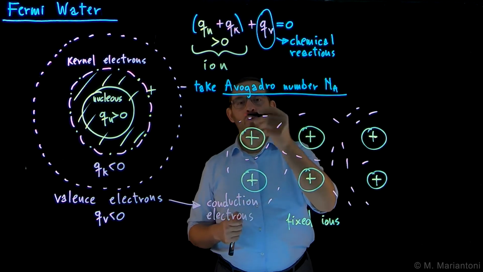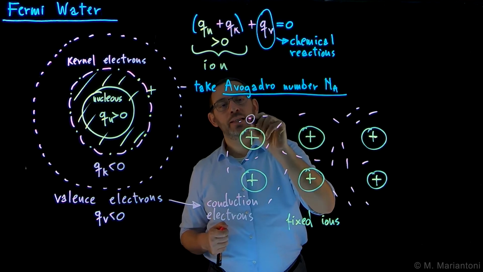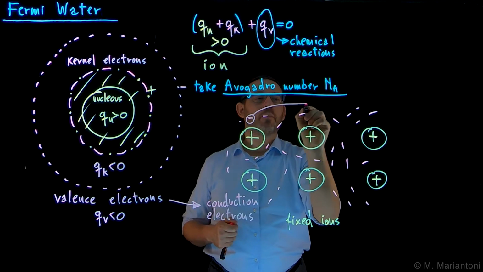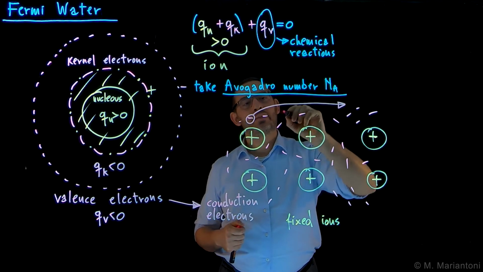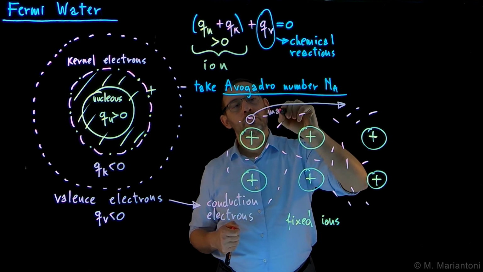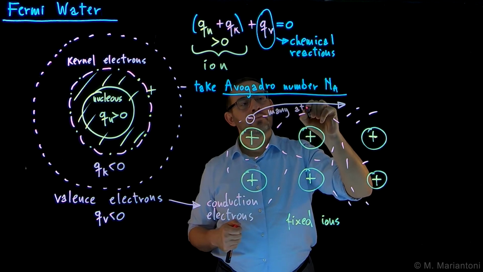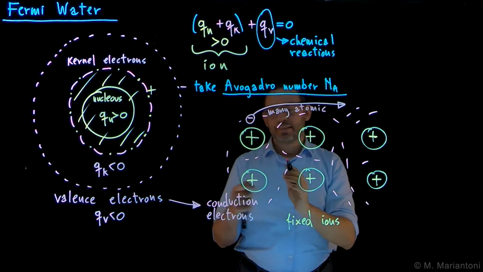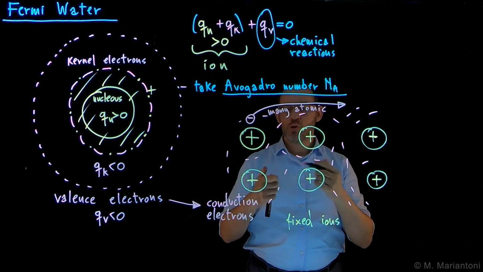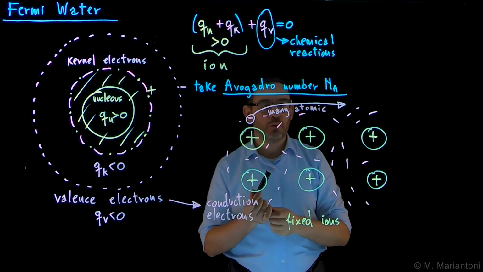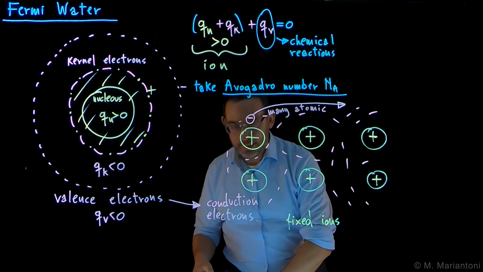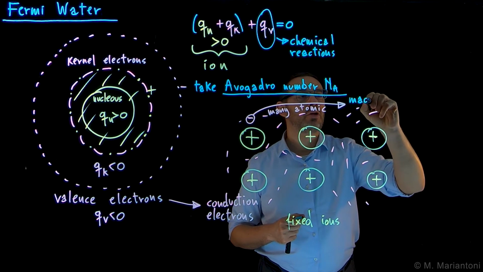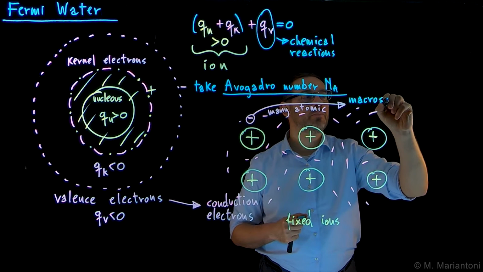And as it turns out, one of these negatively charged conduction electrons can move by several atomic distances. So this means that it can macroscopically move. When it can move by many atomic units, we say that this electron can move macroscopically. Macro, not micro, but macroscopically.